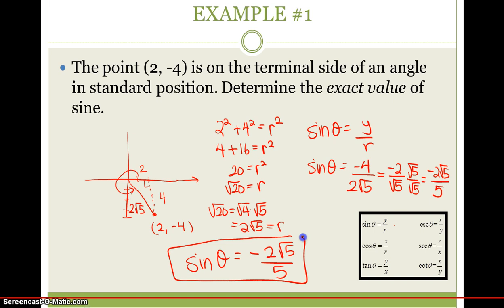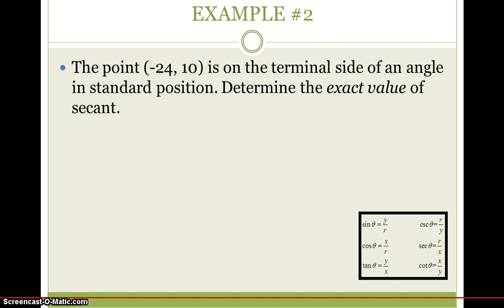Let's look at another example. Let's say now we have the point (-24, 10) on the terminal side of an angle in standard position. Once again, we want to determine the exact value. This time we're looking for the exact value of our secant function.